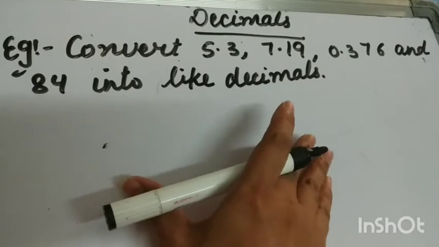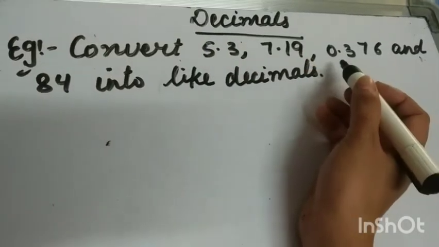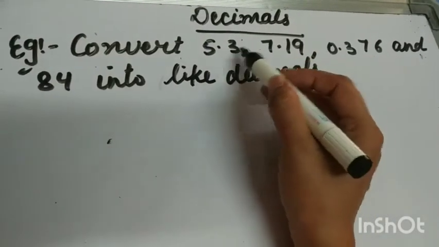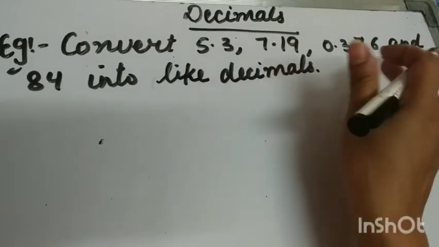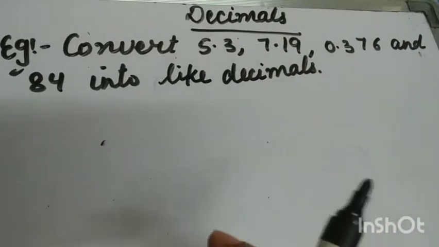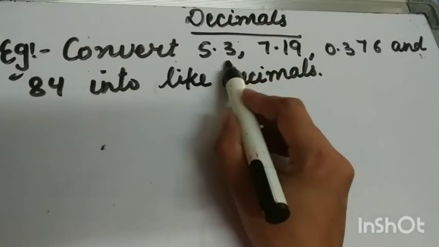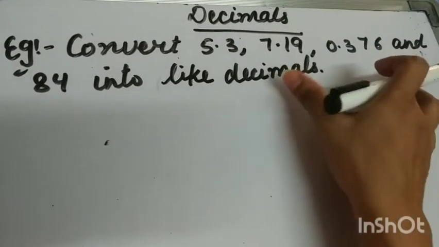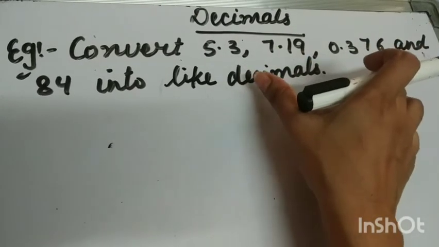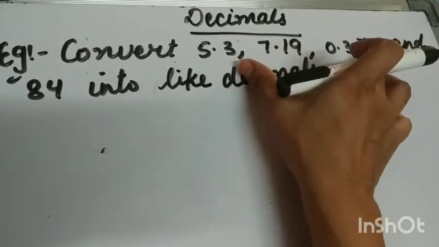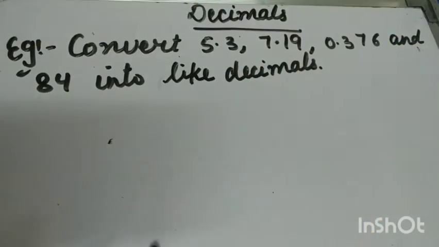Suppose we have to convert all these numbers into like decimals. These are unlike decimals because the number of digits after the decimal in all these numbers is unequal. So we have to convert them into like decimals.